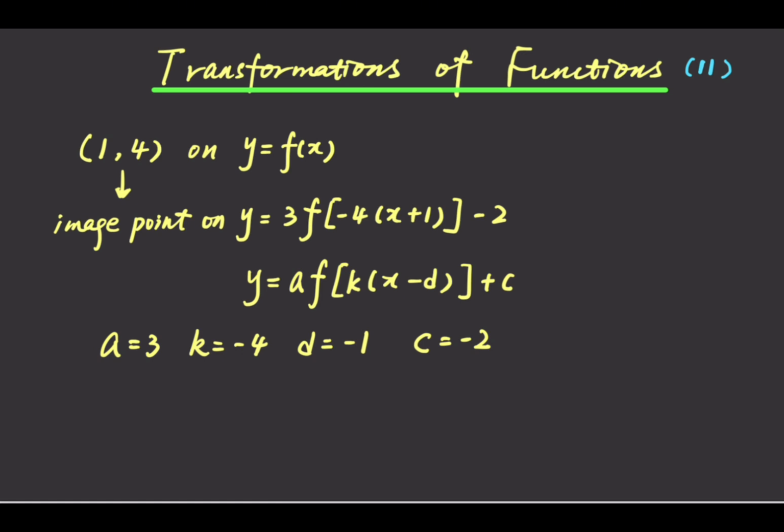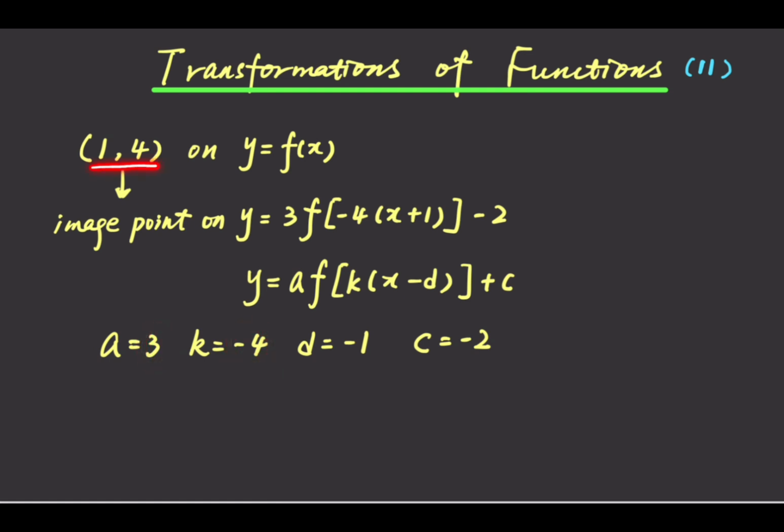You must transform the original function according to A and K before D and C. You can reverse the order of A and K, but you cannot reverse the order of A, K and D, C. That is to say, these two transformations must happen before these two parameters. Here A equals 3, K equals negative 4.